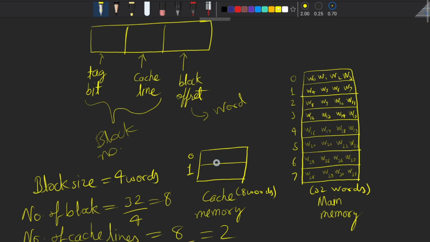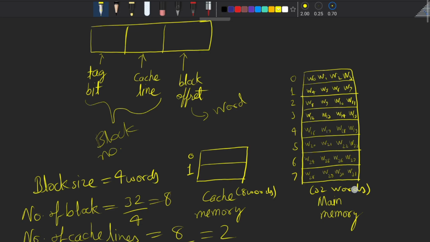Similarly, we can determine the number of cache lines by dividing the total size of cache memory, that is 8 words, by the block size, that is 4 words, which will be equal to 2. So we will have 2 cache lines.